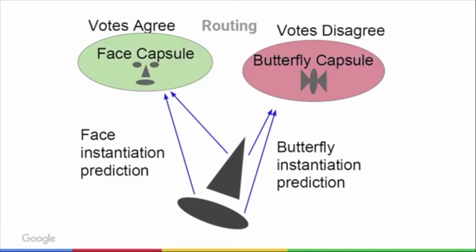Then, if there's agreement in the face capsule, that face capsule will send information back down to the triangle capsule to tell it to send more of its information to the face capsule and less to the other capsules. This iterative process converges after a couple of iterations, in our example 3 actually, and we're left with a segmentation that groups parts of a whole together.